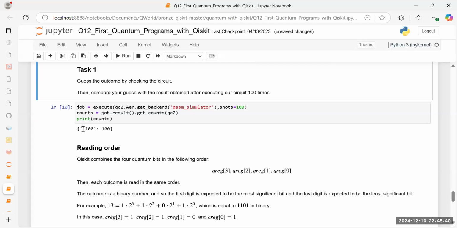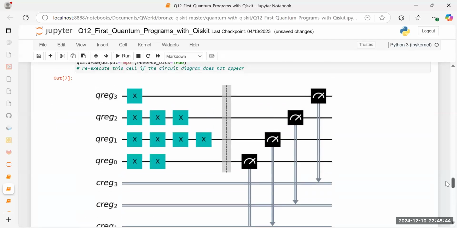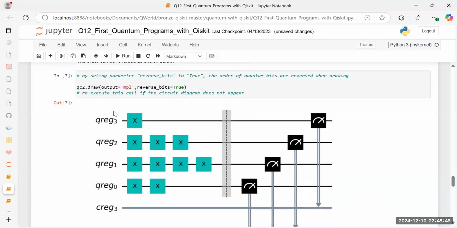Okay, so as I said just now, every single time we got 110. And if you look at the circuit here, we started off with 0. Then we applied an X, then we got 1. Then here, we started off with 0, applied X, we got 1. Applied X again, we got 0. Then applied X again, then finally we got 1.